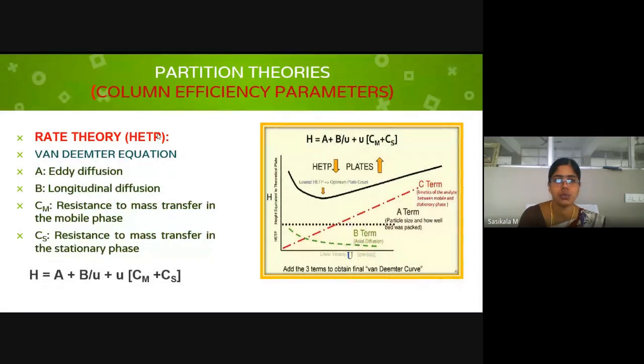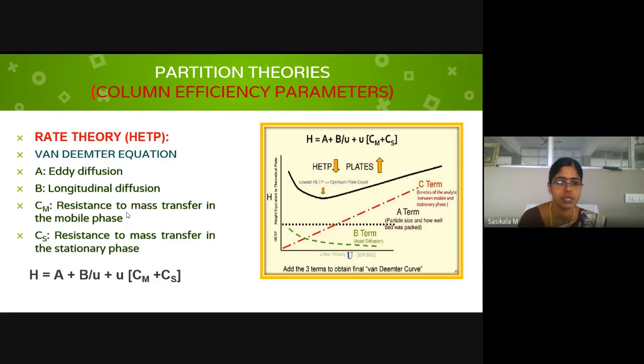Next, we'll move on to rate theory under partition theories, column efficiency parameters. It is also a most significant and important theory under column chromatography, the Van Deemter equation. It is defined by the scientist Van Deemter, so it is called the Van Deemter equation. It gives the HETP for rate theory, and it tells about mobile phase flow and diffusion.